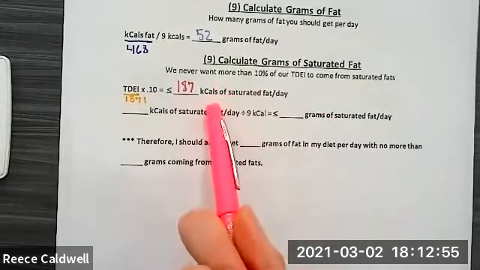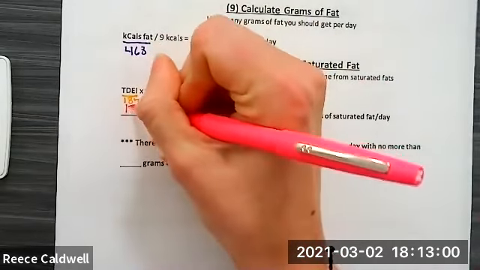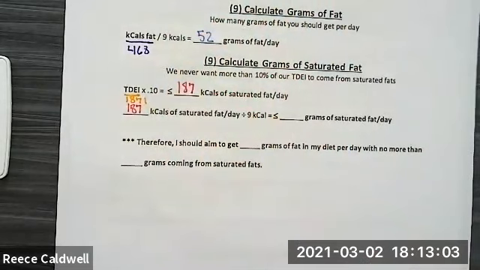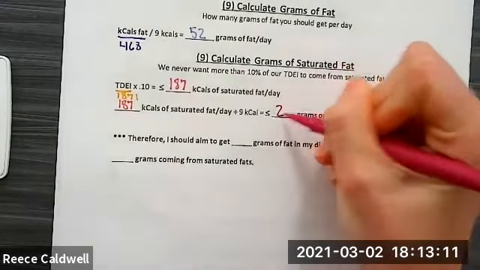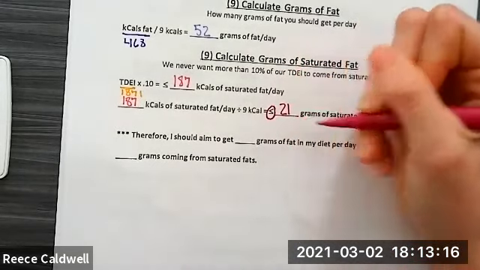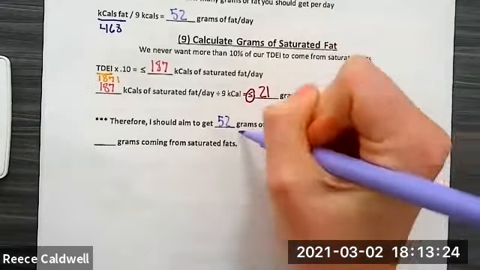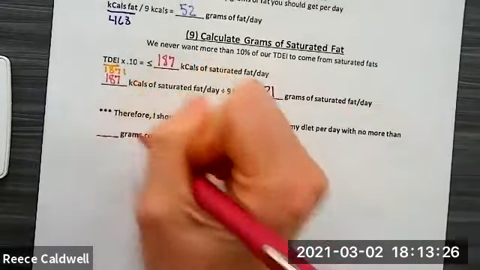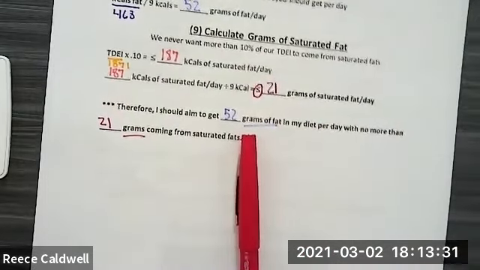However, again, we don't really care about kcals of nutrients. We care about grams of nutrients. So we divide the 187 kcals by 9 kcals, and that gives us 21 grams of saturated fat, and make sure you see that I put less than or equal to. Therefore, she should aim to get 52 grams of fat with no more than 21 grams coming from saturated fats.